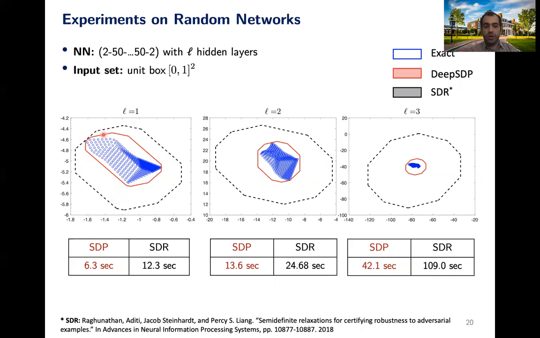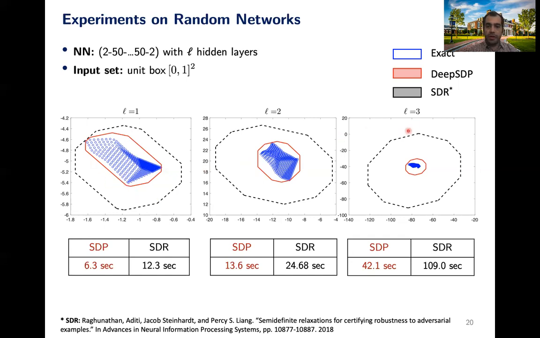But this method is also based on a semi-definite relaxation of the problem, but the way that the problem is relaxed is different from our approach, and it is based on the idea of lifting in a non-convex, quadratically constrained problem, a quadratic problem.